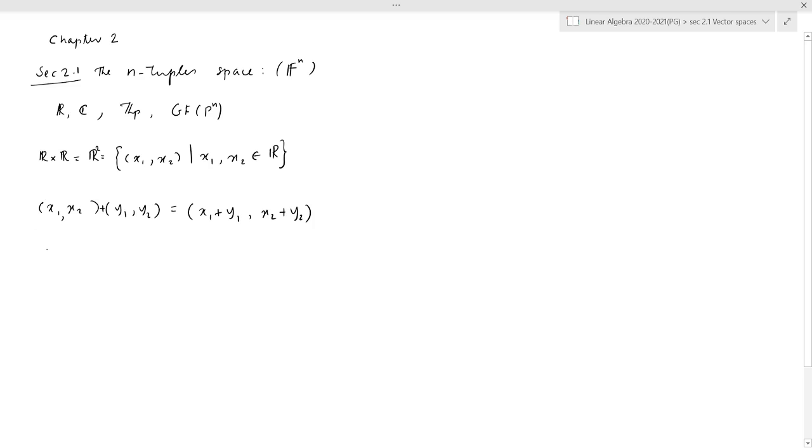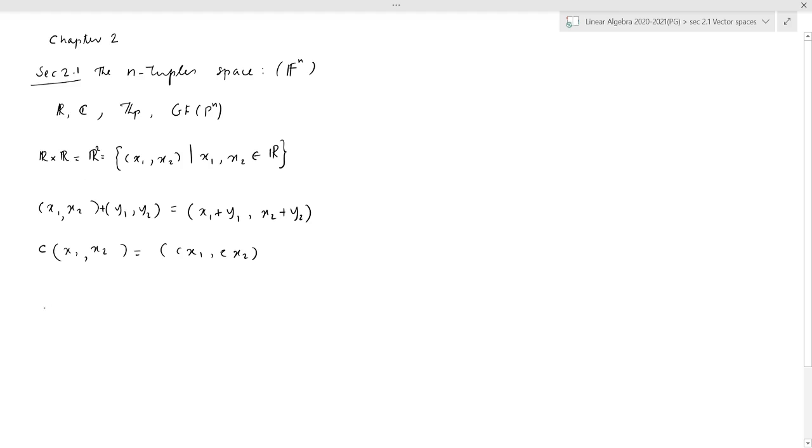The corresponding scalar multiplication is, if you take a c from real numbers, c times x1, x2 is equal to c times x1 comma c times x2. So with respect to these two operations, R cross R, or say R2, is a vector space over R.